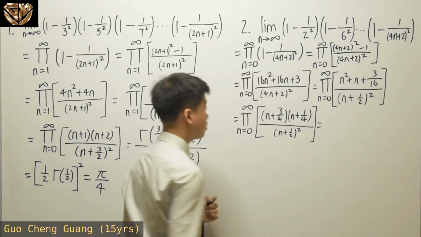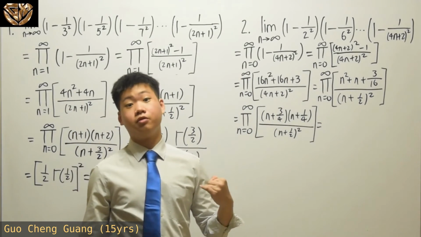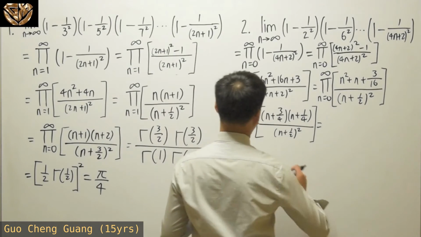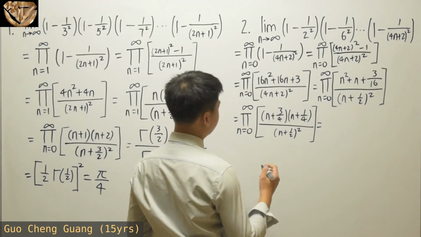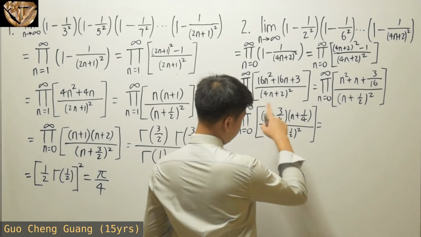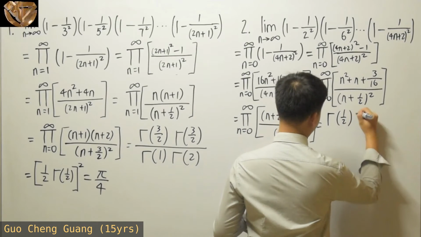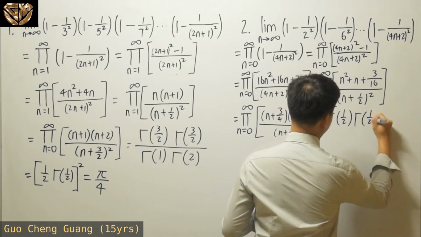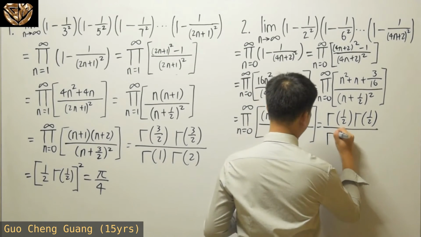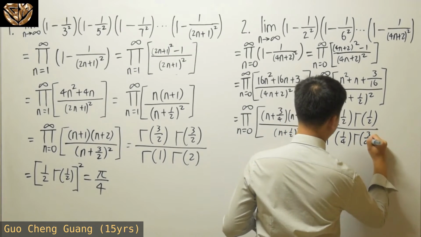In this case, we can once again use what we have done before, the Wallace formula, whatever you call it. Then it will be changed into gamma half over gamma 1 over 4 times gamma 3 over 4.